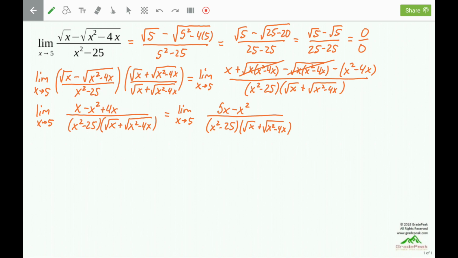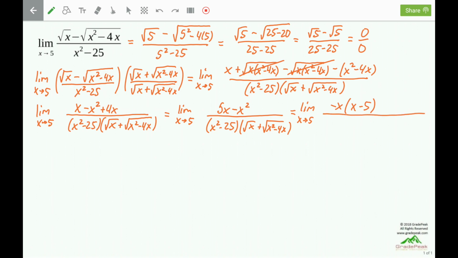In the numerator, I'm going to factor out an x, a common factor, as well as a negative. And the reason I'm going to factor the negative is that should allow it to match what I will see in the denominator, because I have a difference of squares in the denominator. If I factor out a negative x, I will have a positive x and then a minus 5.